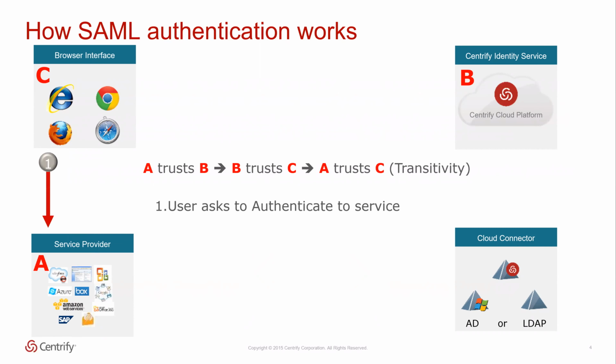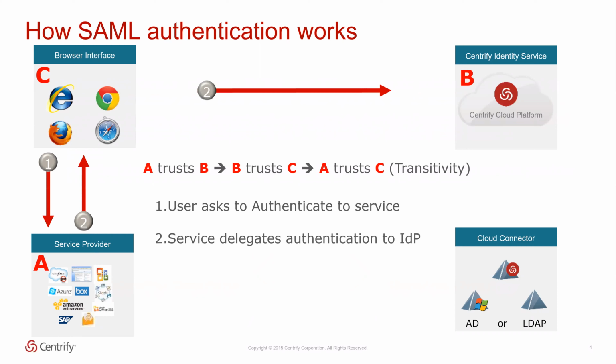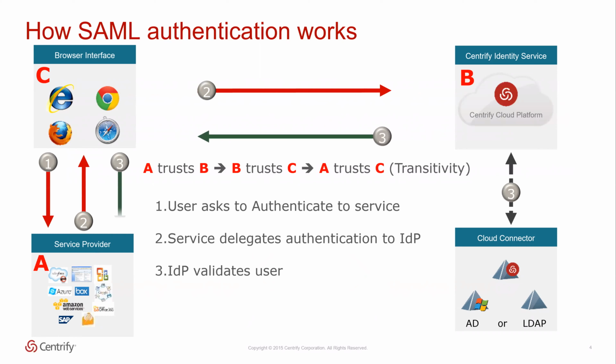So let's say I go to, say, Salesforce, and Salesforce knows that there's a SAML single sign-on configured. I am not the one to authenticate you, so please go to IDP for authentication. Then the user will be redirected to IDP, in this case Centrify, and Centrify validates the user. However, that configuration is done behind the scenes.